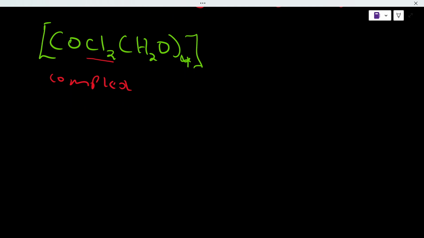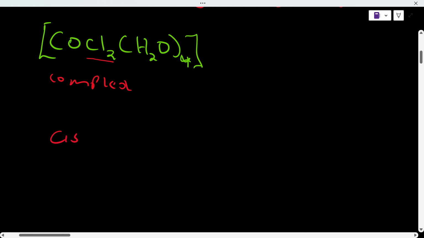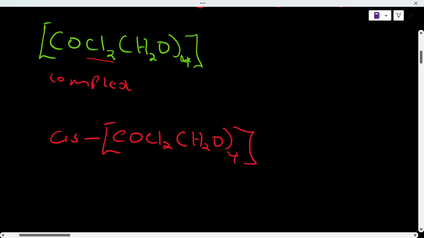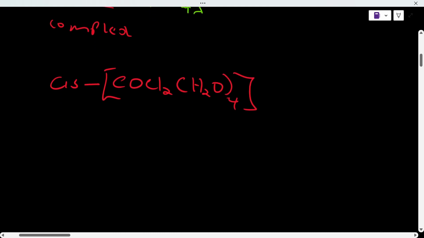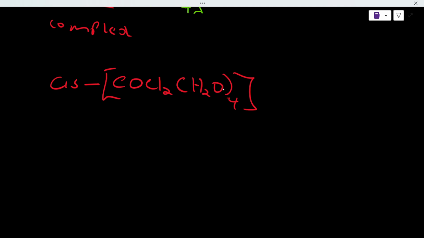Now, I'm going to draw the structure of cis cobalt chloride bracket H2O, 4 of them. Then from that drawing, we are going to see what you can learn from it.